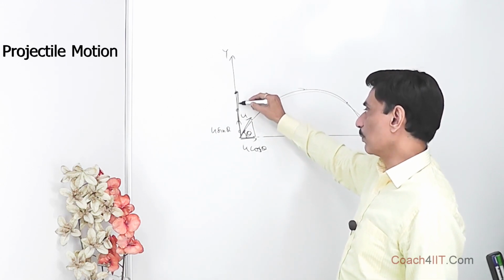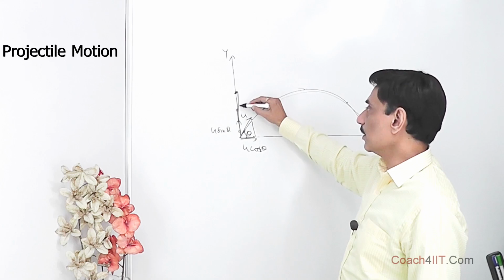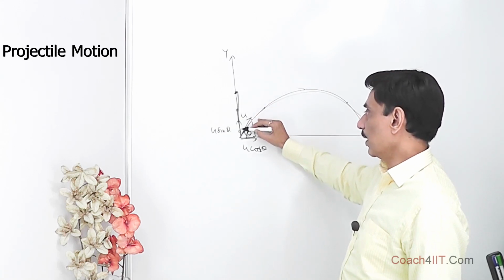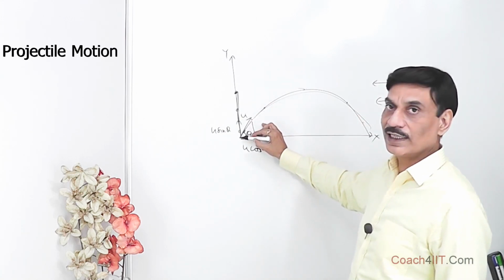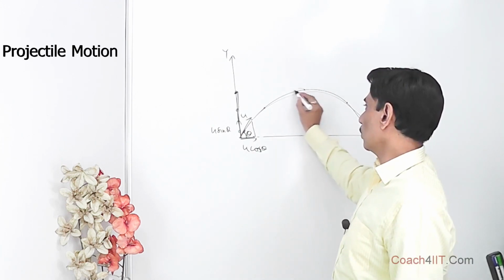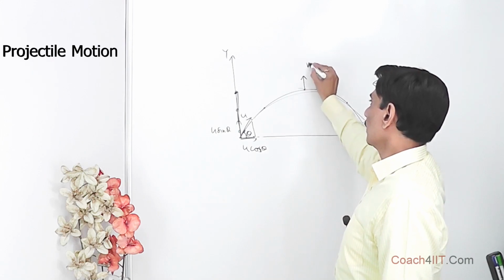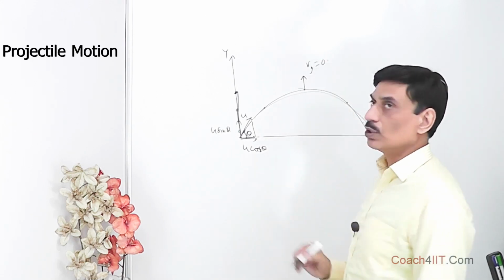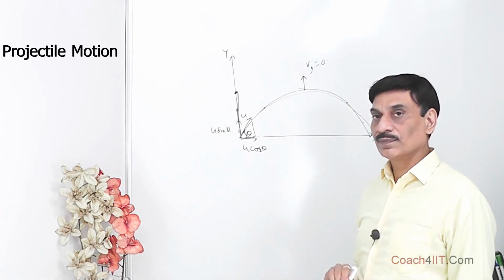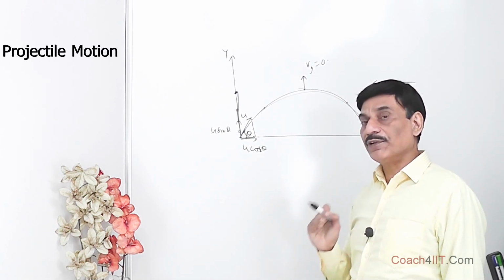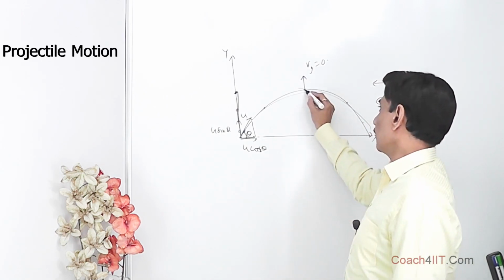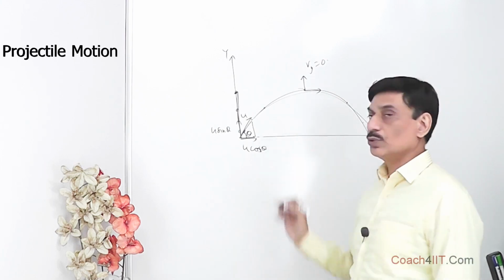Then it starts a backward journey and the velocity starts increasing in the downward direction, and over here it is maximum. At the maximum height the velocity over here is equal to 0. It means the velocity component Vy is going to be equal to 0 at the topmost position. We are not saying over here that the net velocity is equal to 0, because the x component velocity will remain as u cos theta only.